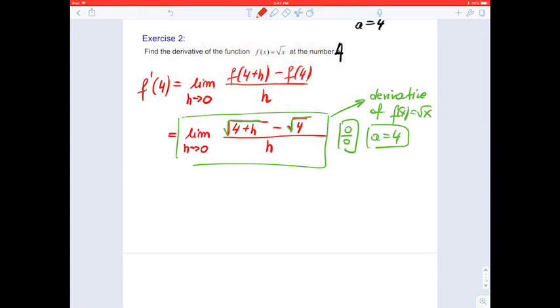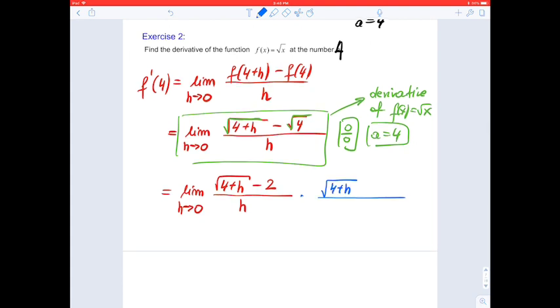And let's evaluate. We remember that having radical expression in the limits, we can multiply by the conjugate if we would like to simplify or rewrite. This means square root of 4 actually is 2. I will multiply and divide by the conjugate expression of this root term, square root of 4 plus h and 2, and instead of minus I will add, because that's the conjugate expression, always opposite, plus 2.